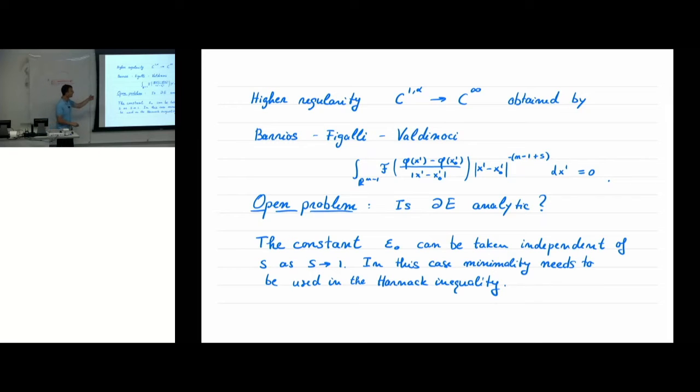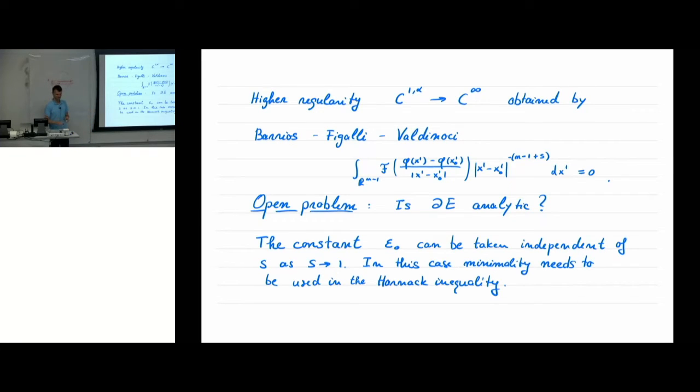While in our setting, we said that this picture is not possible, and the reason is that when I compute the non-local curvature here, I still feel a bit the outside. So this picture is not possible in the non-local setting, but it's possible in the local setting.